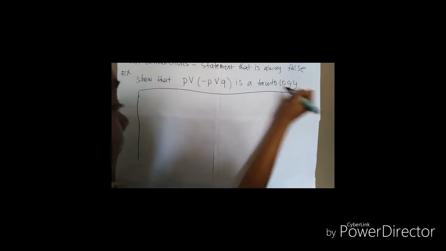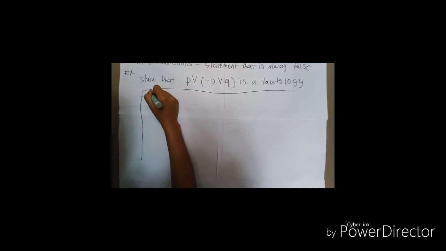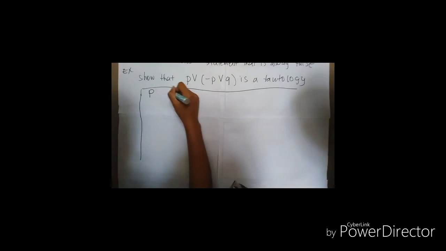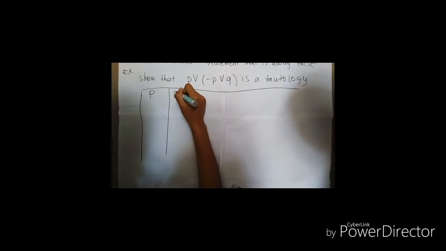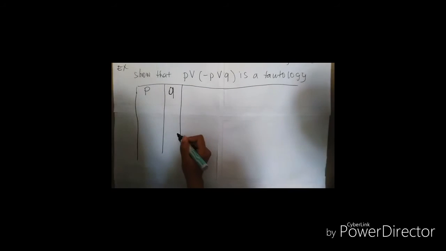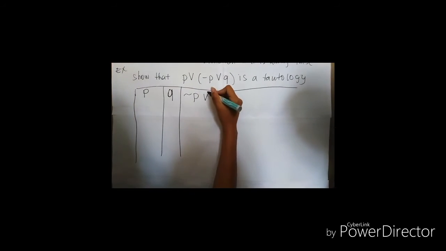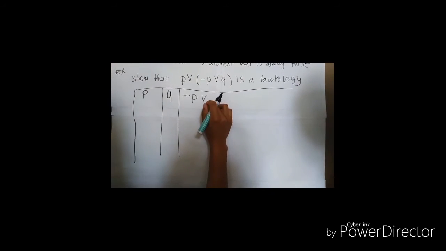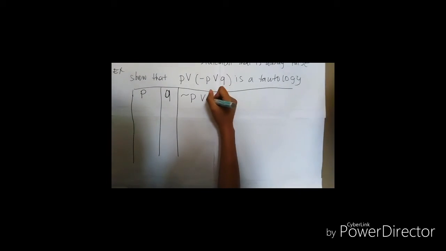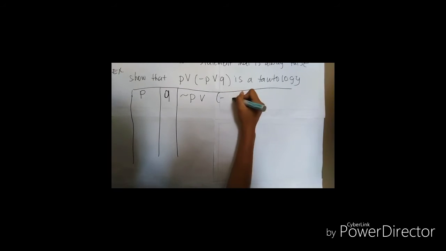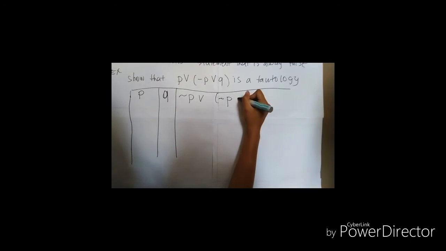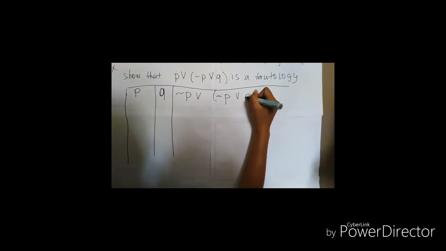Let's make a table where we put P, Q, P or, and not P or Q. We put those because they are the variables in the table.